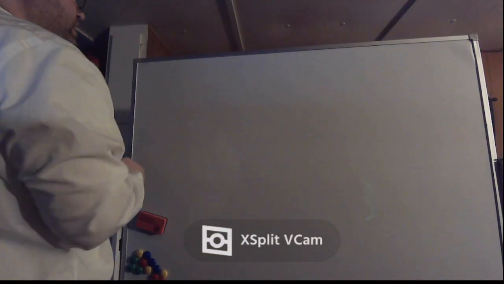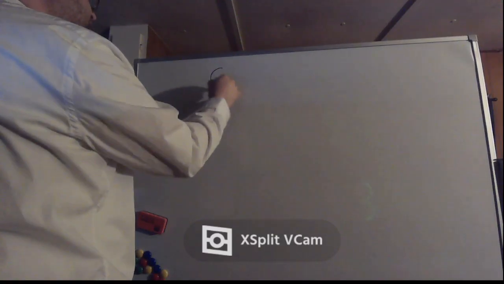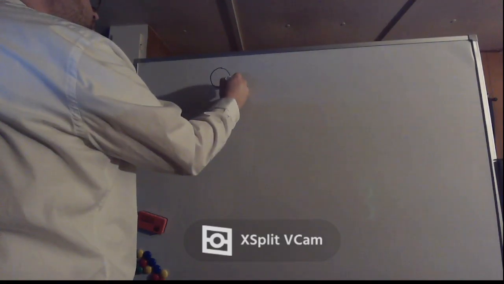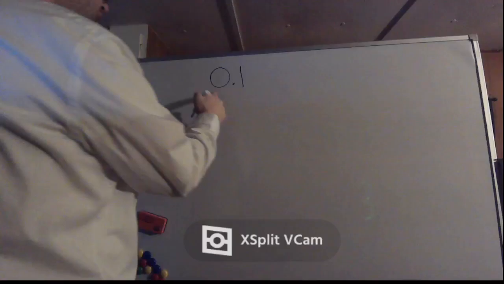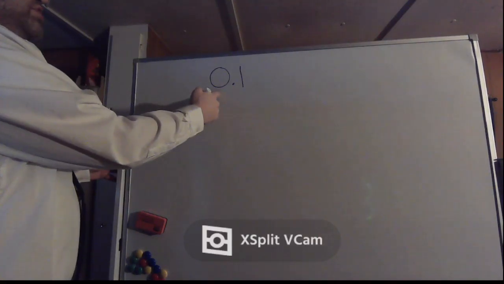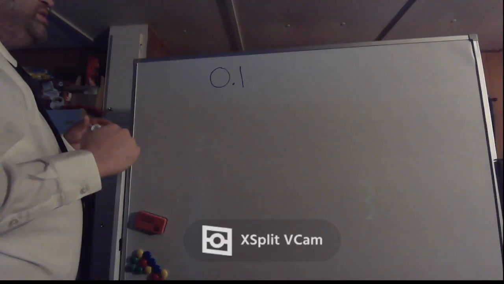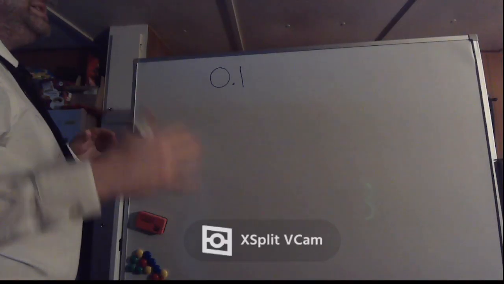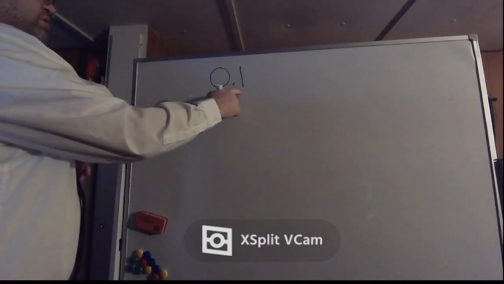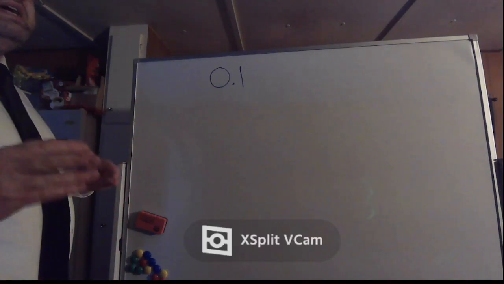So let's say I throw out some numbers here. I have 0.1. Well, I have 0 in the ones place. Everything to the left of the decimal is your whole numbers. We have 0 in the ones place, so it's not even a whole number. The 0 acts more as a placeholder. If I have 0.1, I only have one decimal place to the right. That's going to be 1/10.